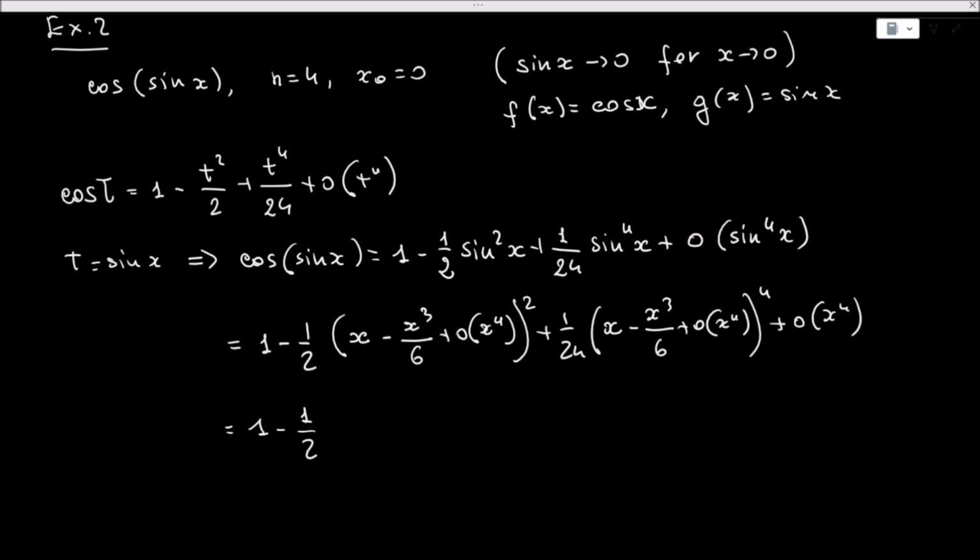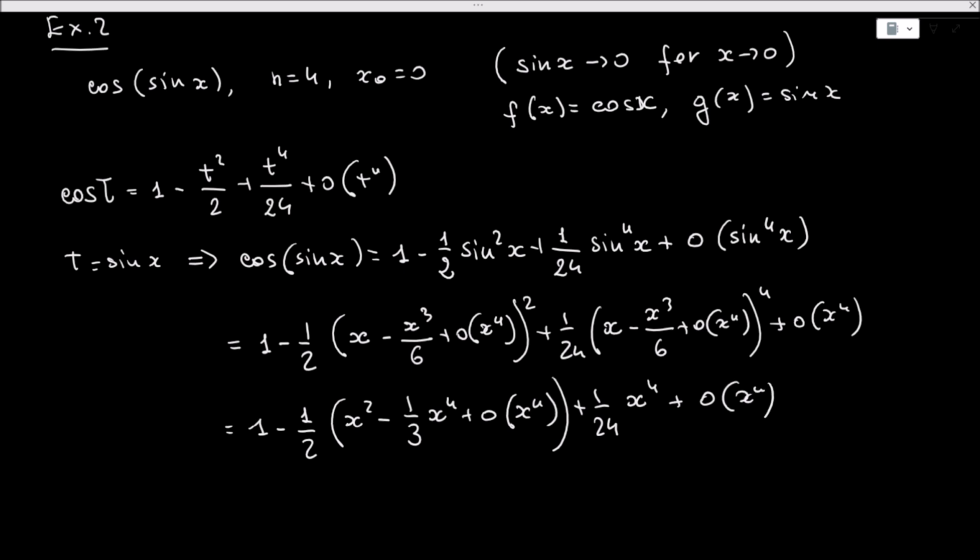Now clearly when we develop the square, we see that the only thing that will remain is x to the square minus 1/3 of x to the 4th, because all the other terms can be embodied into little o of x to the 4th. From the second term we have 1 over 24, and we're just left with x to the 4th, and clearly we have little o of x to the 4th.